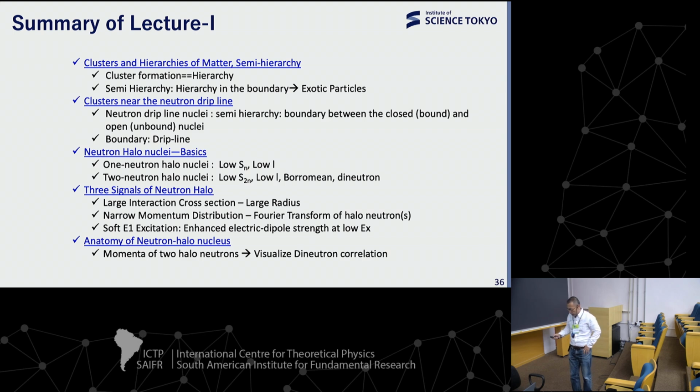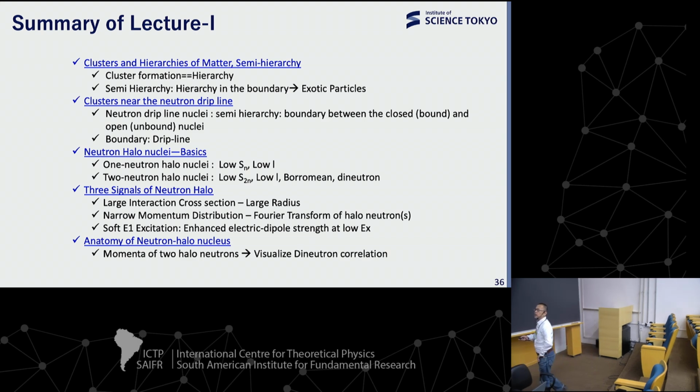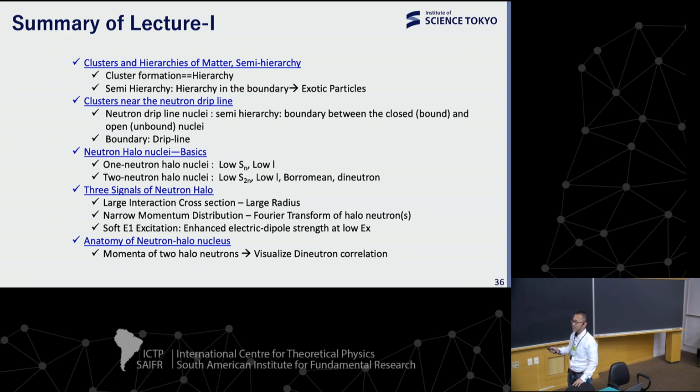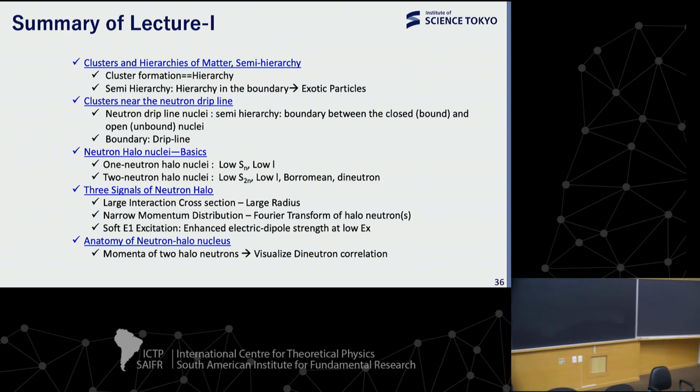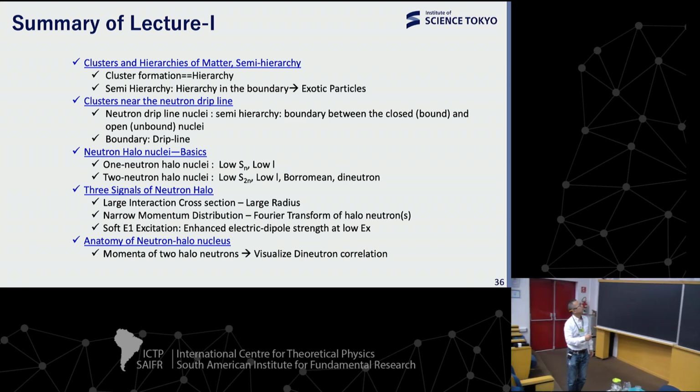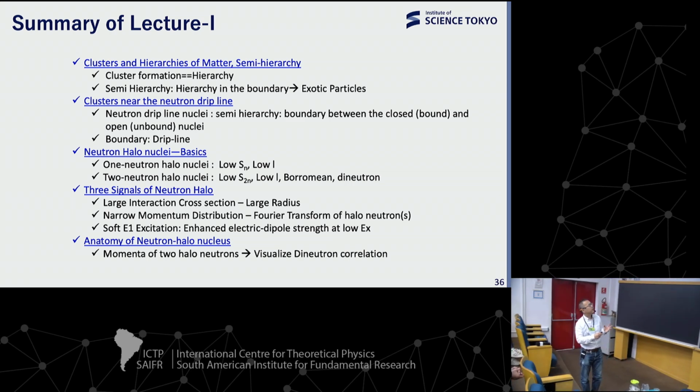So now I come to the summary of the lecture. The first lecture is okay. So I think I could explain the importance of clusters, which is also relevant to hierarchies of matter or semi-hierarchies, we call the alpha clusters and so on and so forth.